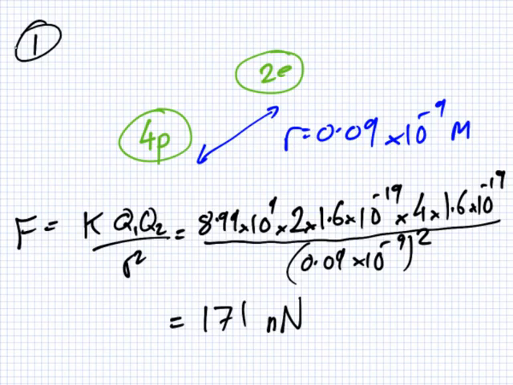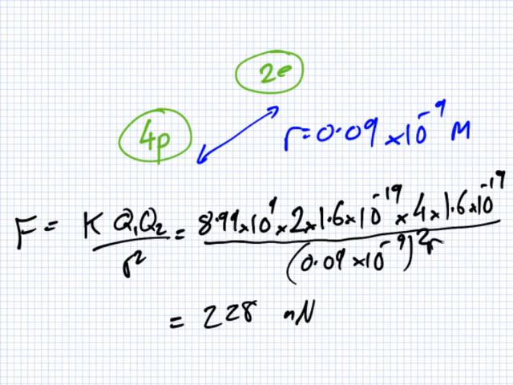It is 228 newtons. I mistyped my 2 and 4. Okay, 228 nanonewtons. That's what you got. Yeah. You forgot the square, was it? Yes? Just this thing here? This square you mean, is it? Yeah.